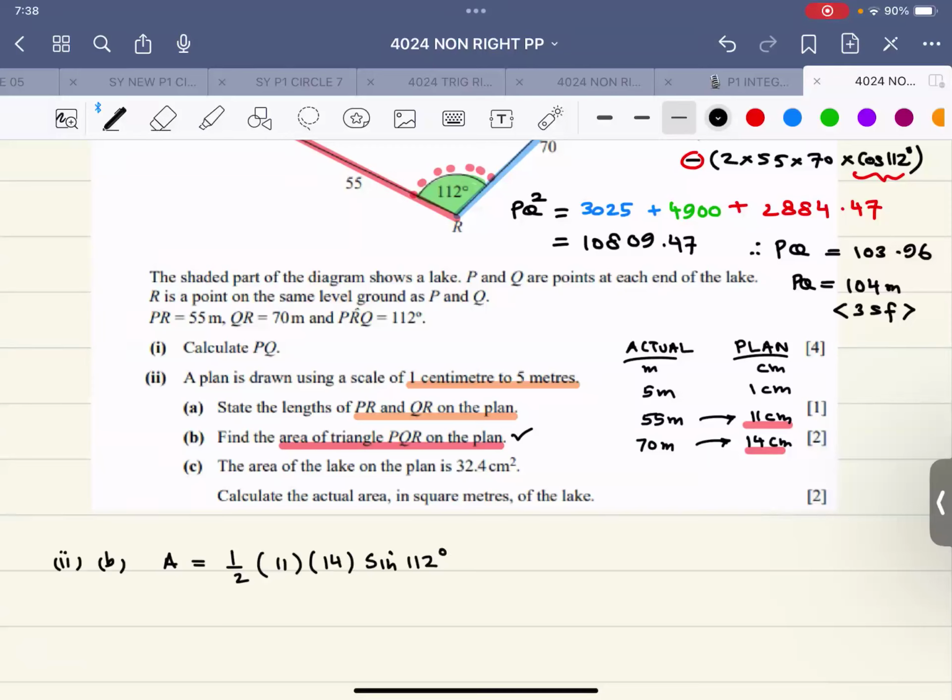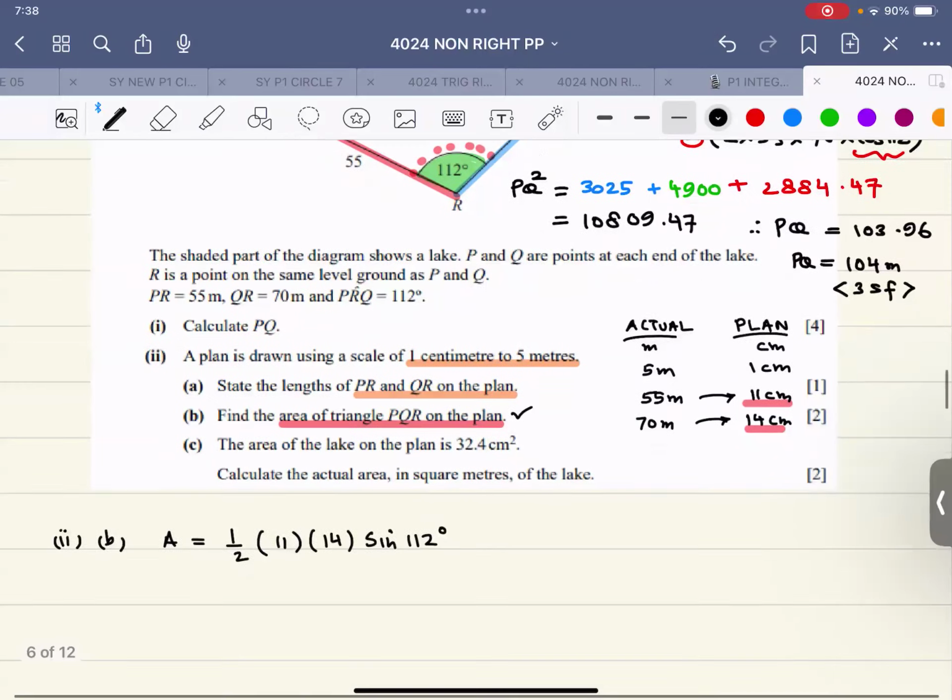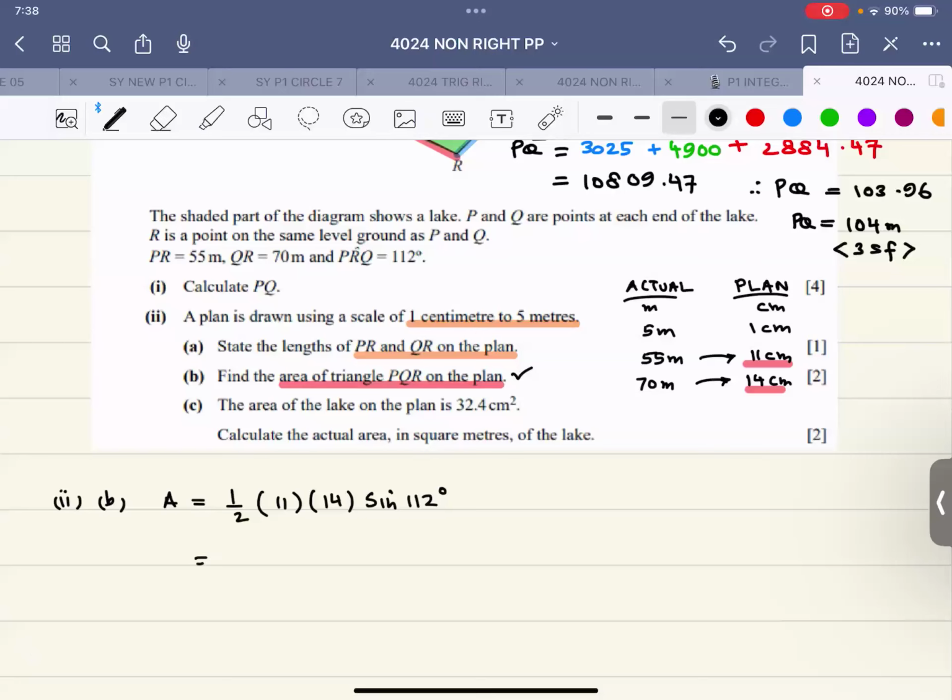Taking the sine of 112, multiplying with 11, with 14, with 0.5, that comes out to be 71.393. That comes out to be 71.4, and this is centimeter square because this is on the plan.